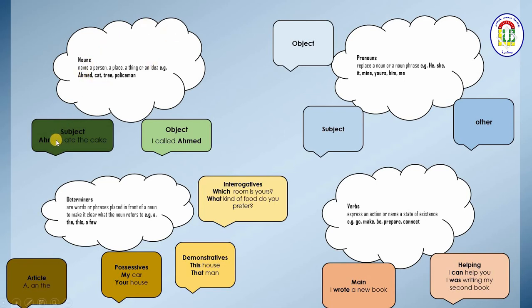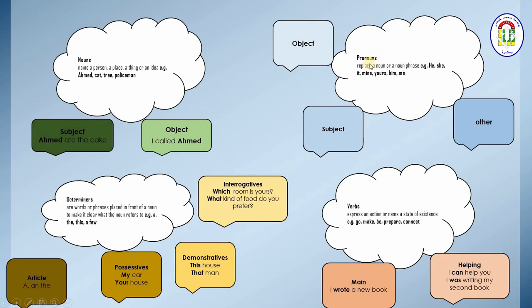And the nouns can play the role or the function of the subject. So Ahmed can be a subject in the sentence, or can be an object in the sentence. I can say, Ahmed ate the cake. Ahmed is the subject, the doer. Object: I called Ahmed. I called whom? Ahmed is the object in the sentence.